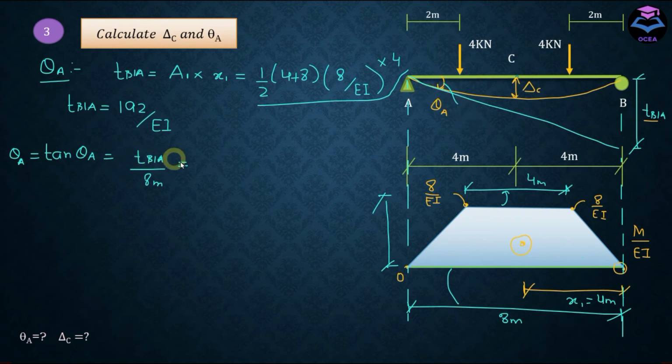So TBA from our calculation was coming out to be 192 over EI divided by 8, and theta A from here is coming out to be equal to 24 over EI. Okay, so theta A is equal to 24 over EI.